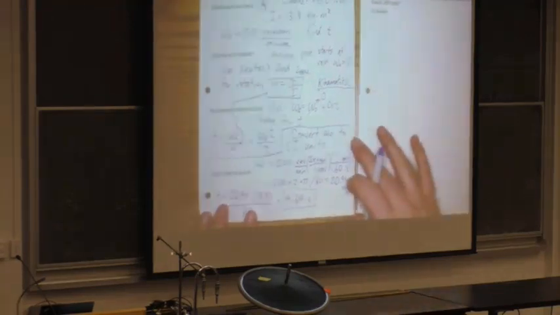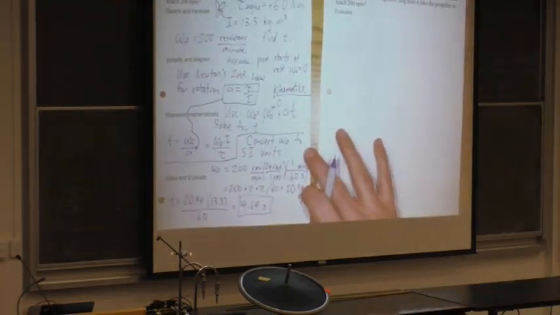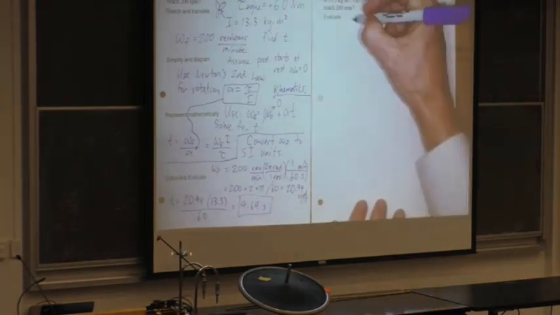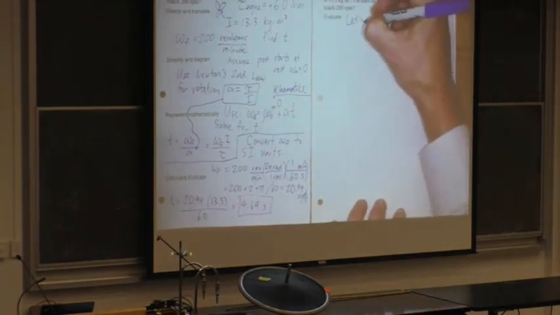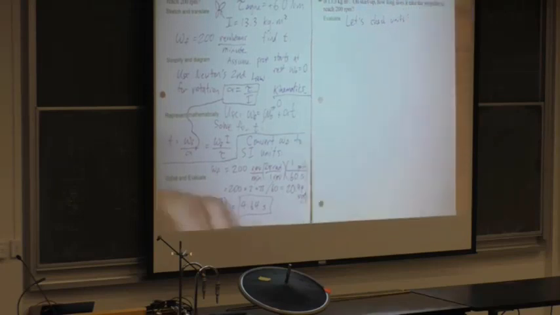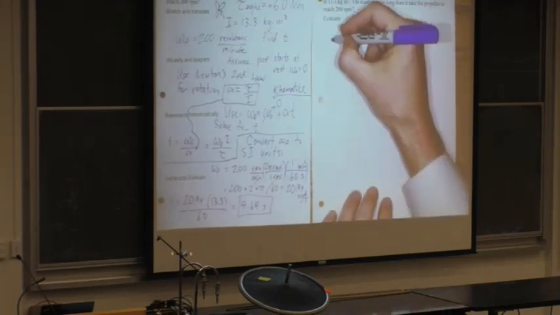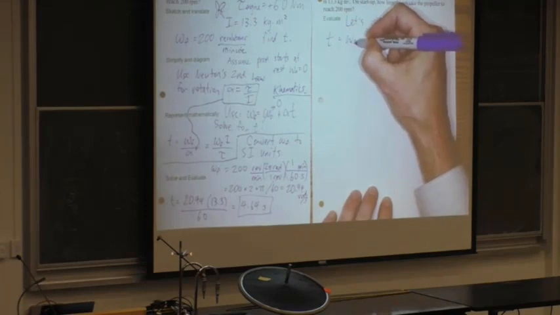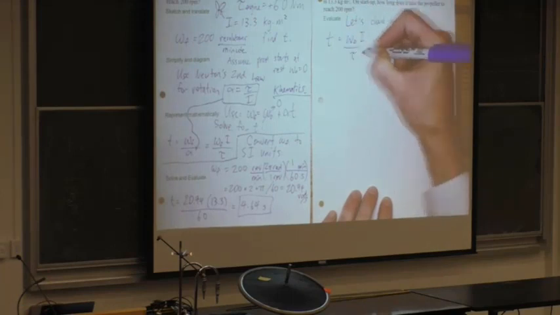Let's do a units check. He said that's worth 2 points. So let's check units. So what I think is we're going to check the units of time. So time was equal to omega final times I divided by tau.